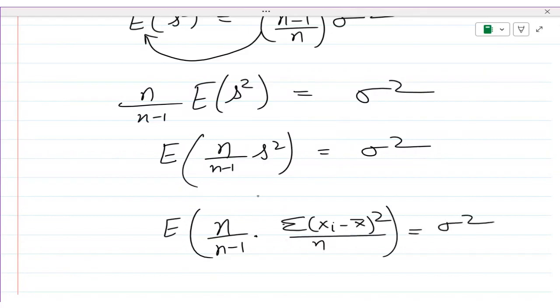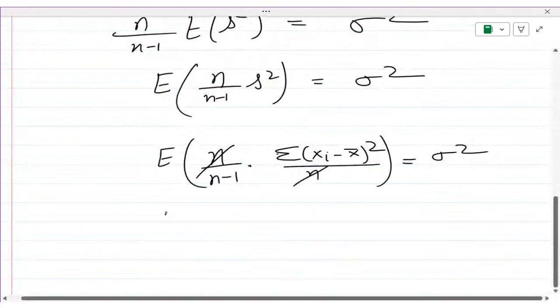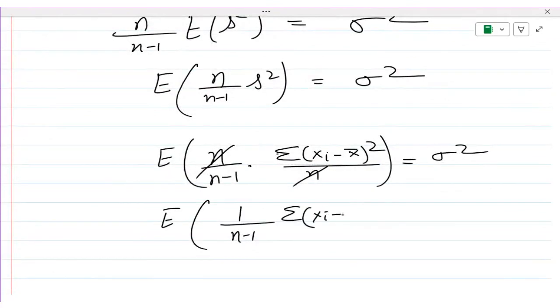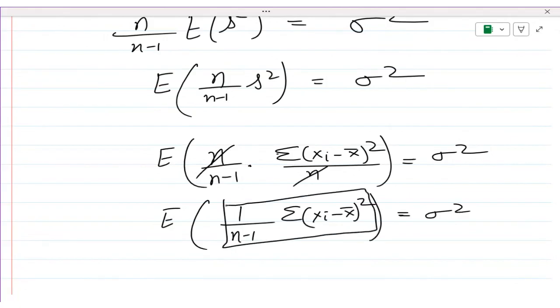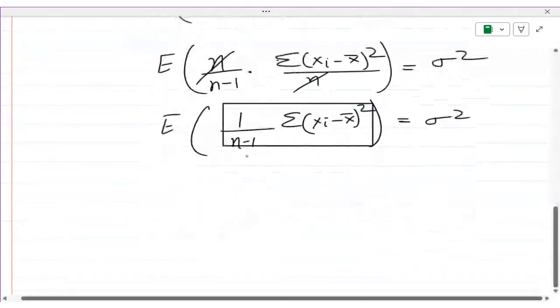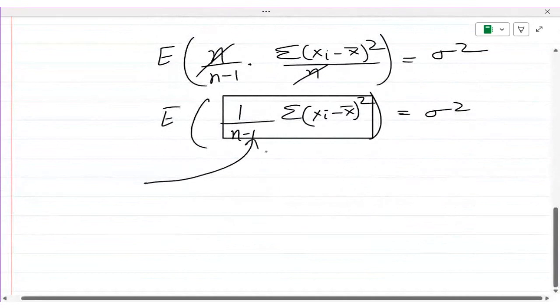The value of s square I have put here. Now n and n will cancel out, so we get E of 1 upon n minus 1 sum of xi minus x bar whole square, which is equal to sigma square. So this function is actually the unbiased estimator of sigma square, the population variance. This is known as capital S square.